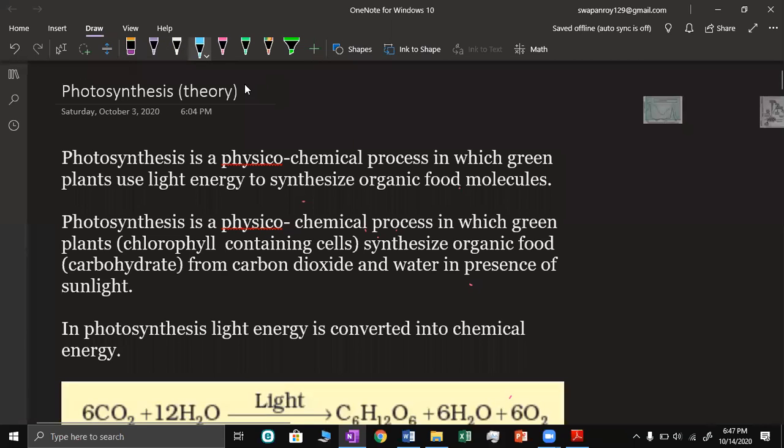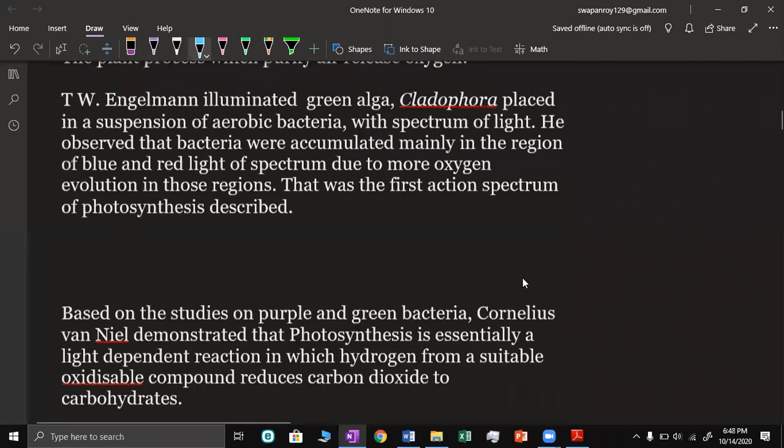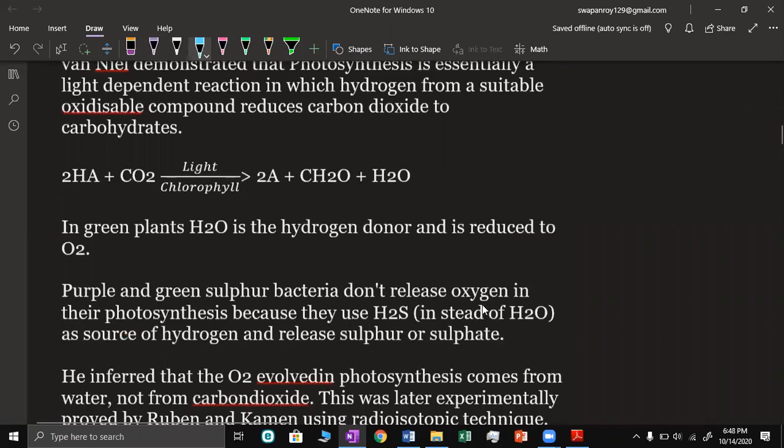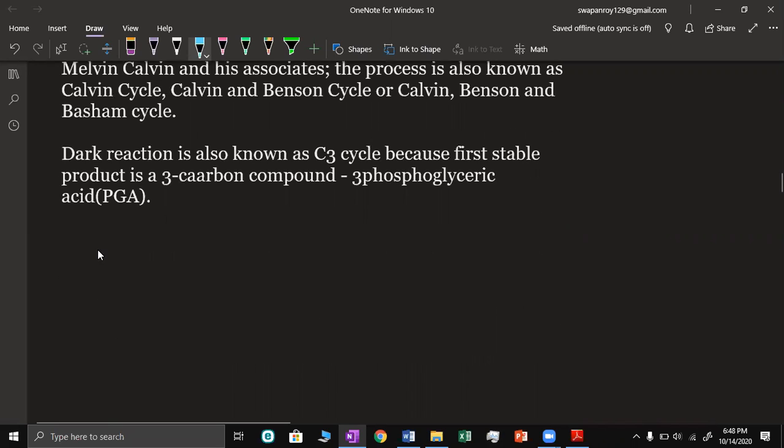This is photosynthesis. In the previous lecture, we covered the introductory part of photosynthesis and then the light reaction.